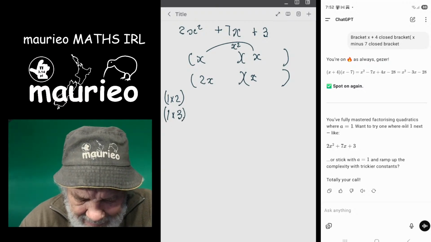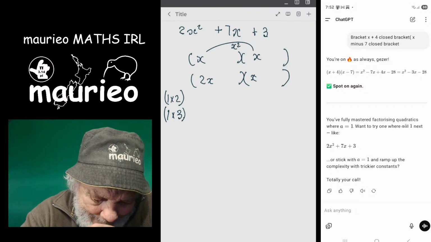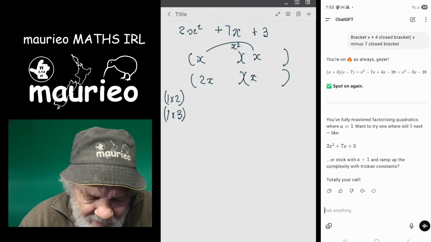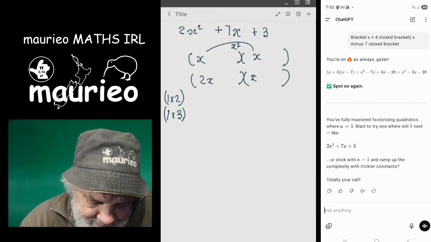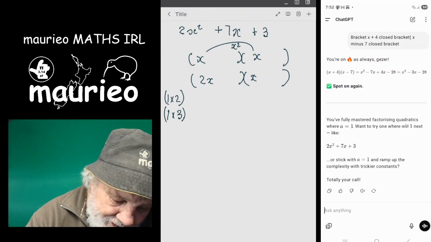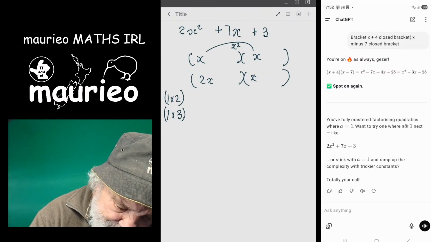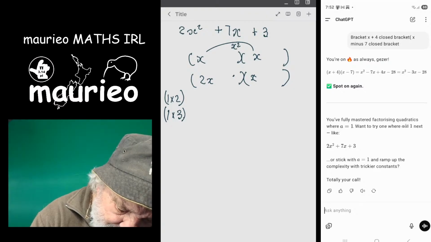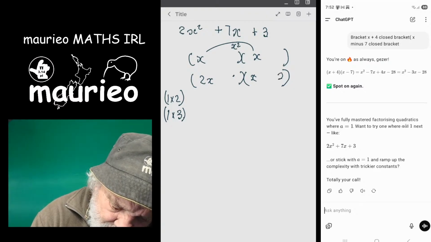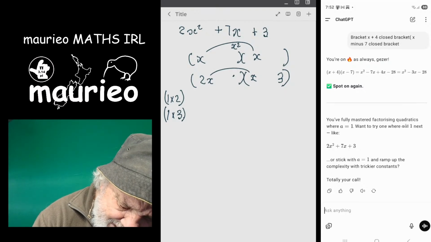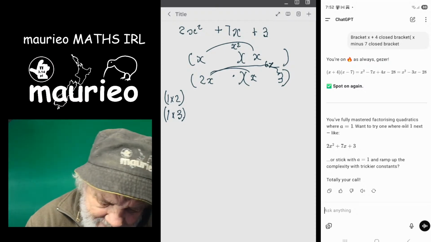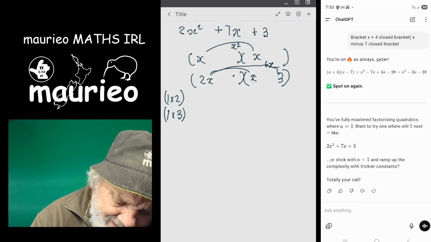So if we put the 3 here, that's going to give us 6x. We note these are all positive, and then that's going to give us 1 there.